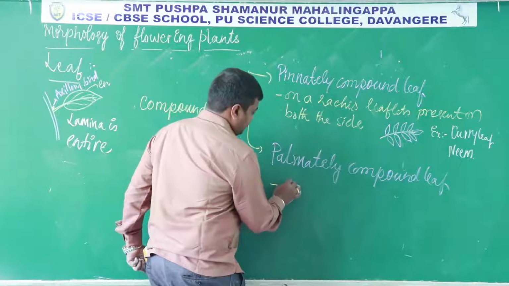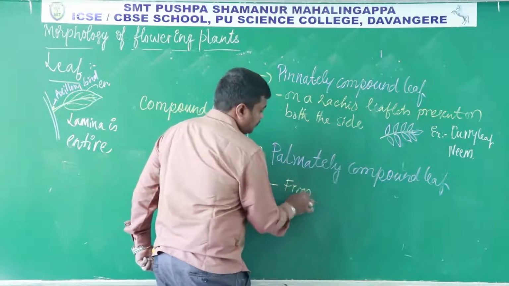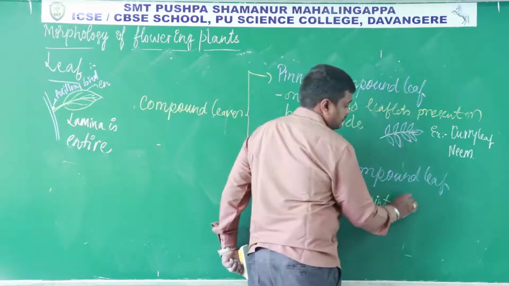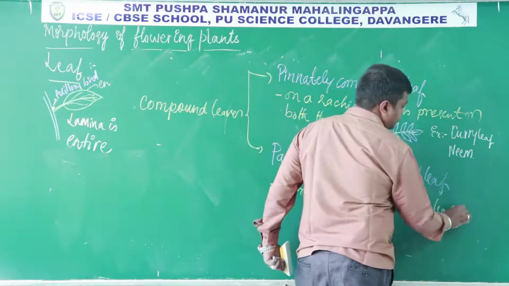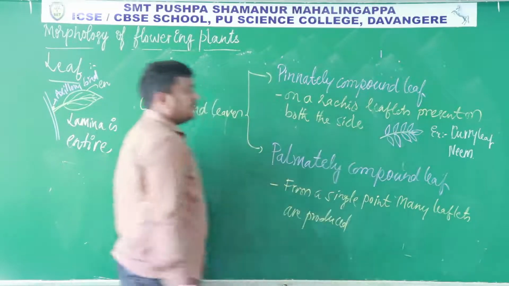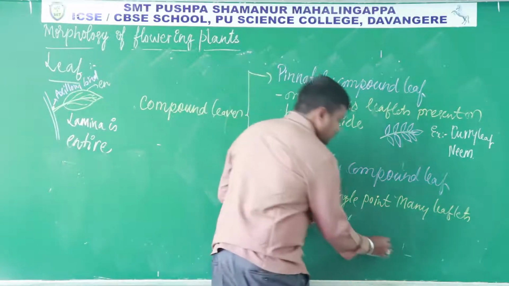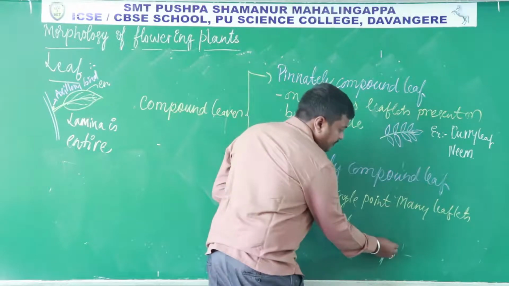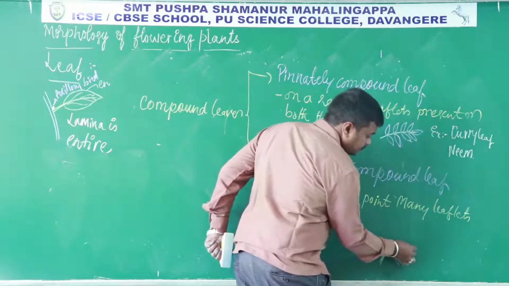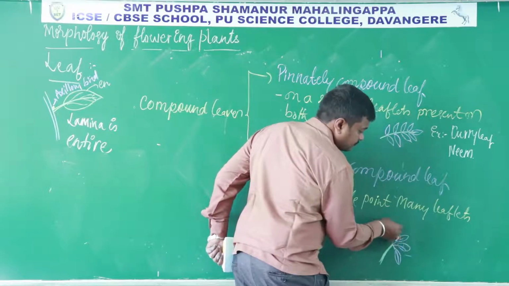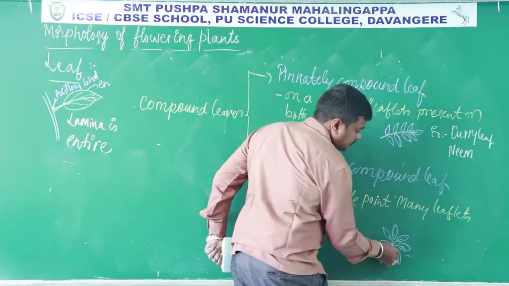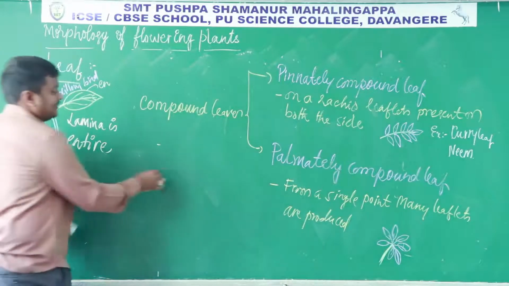In a palmately compound leaf, from a single point many leaflets are produced. Suppose this is a stalk or petiole. From a single point of the petiole, many leaflets are going to be produced, like this. Okay, so let me write the diagram a little bit larger here.